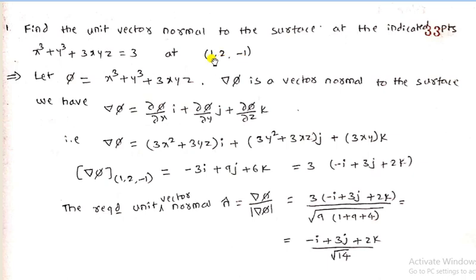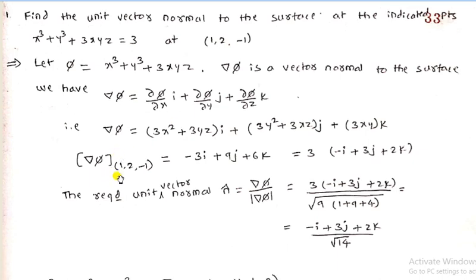It means substitute x equal to 1, y equal to 2 and z equal to minus 1 in the del phi equation. So del phi at the point 1, 2, minus 1, after substituting, becomes minus 3i plus 9j plus 6k, or if we take 3 as common, 3 into bracket minus i plus 3j plus 2k.